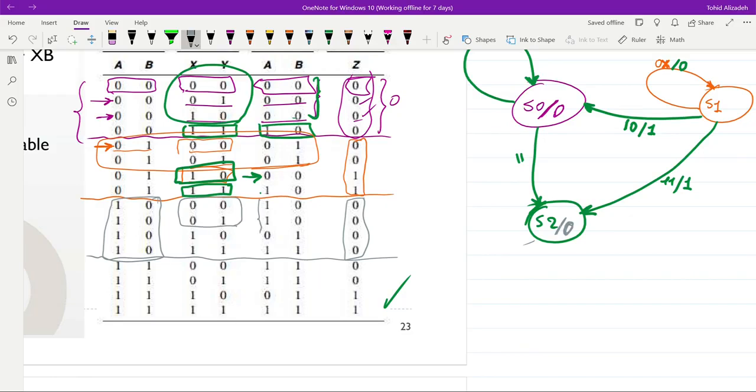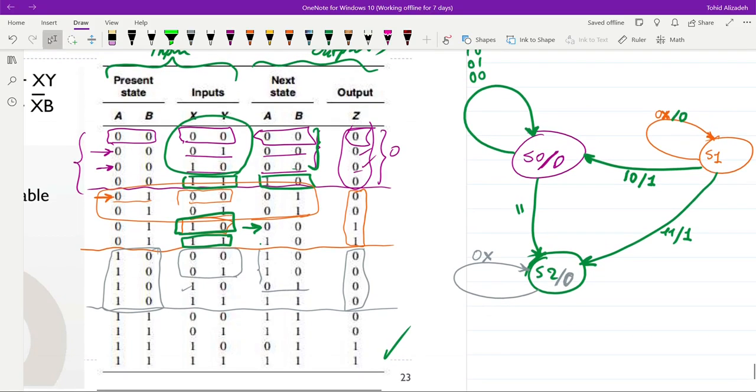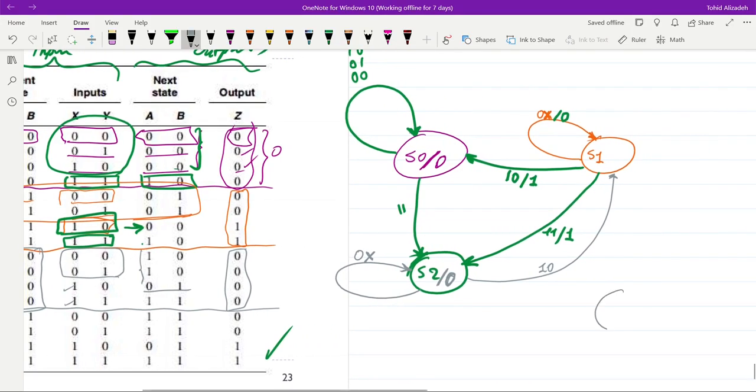So for the combination of 0, 0 and 0, 1, so for 0x, we will remain at the same state, S2. If we receive 1, 0 as the input, we will switch to the 0, 1. And if we receive 1, 1 as the input, we will switch to 1, 1. So 1, 1 will be S3 here.